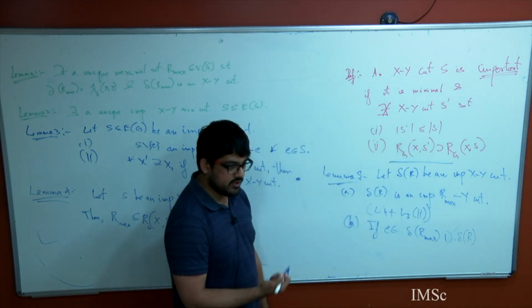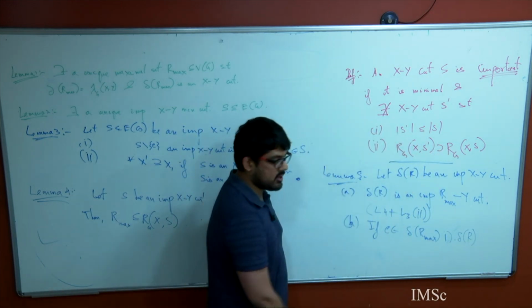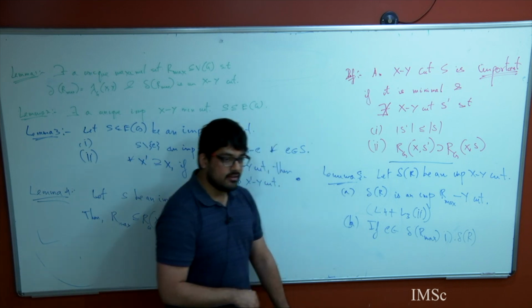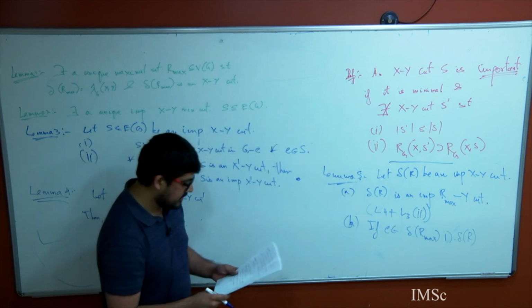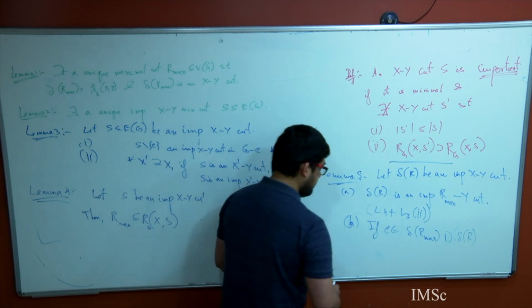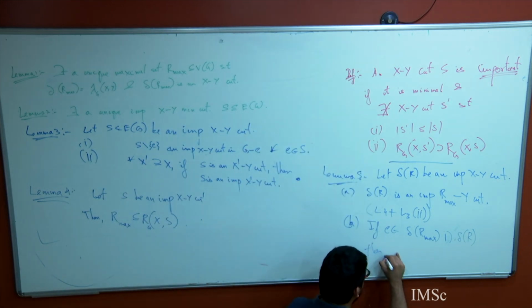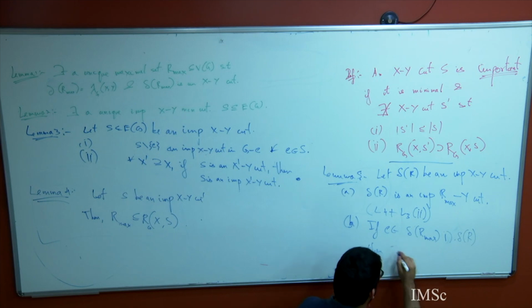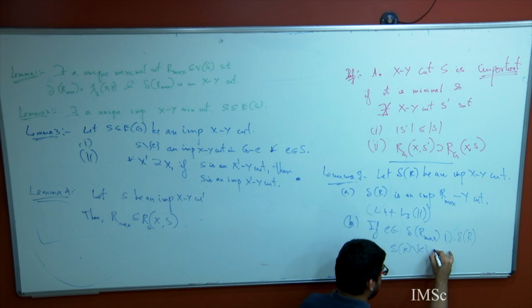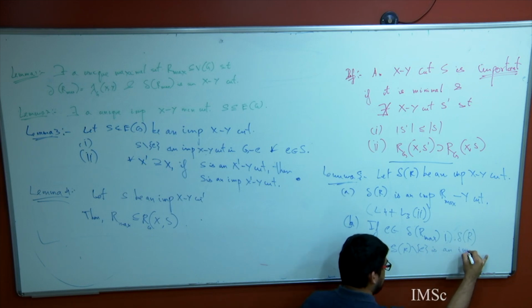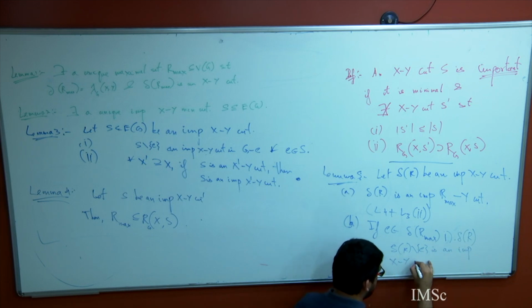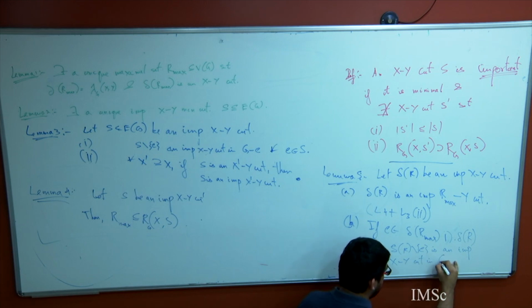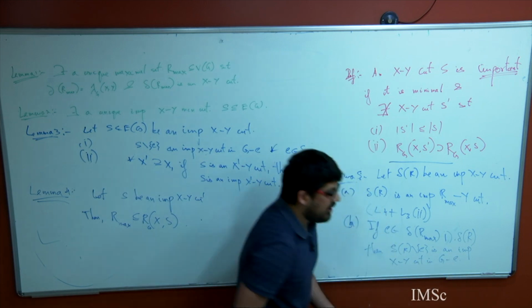So I'm just picking an edge which is in both my important XY cut and the cut corresponding to R max. Then S minus E is an important XY cut in G minus E.